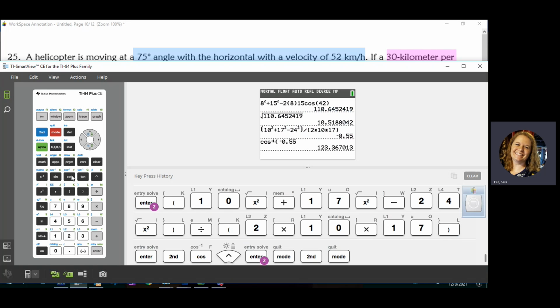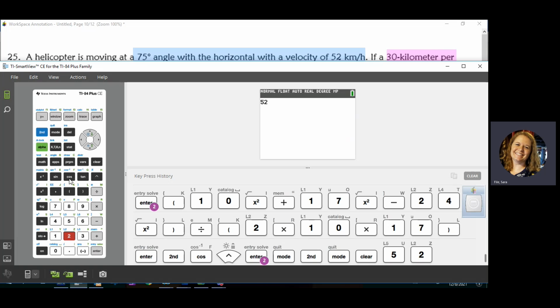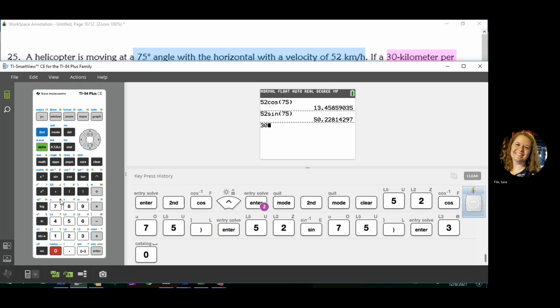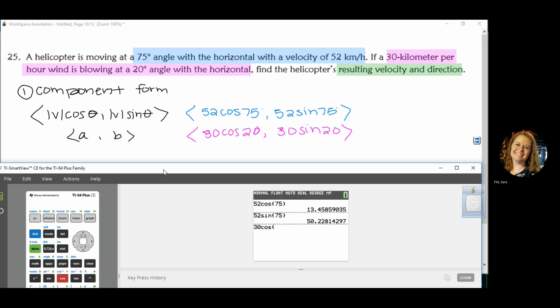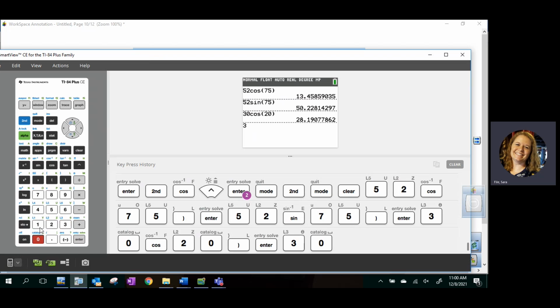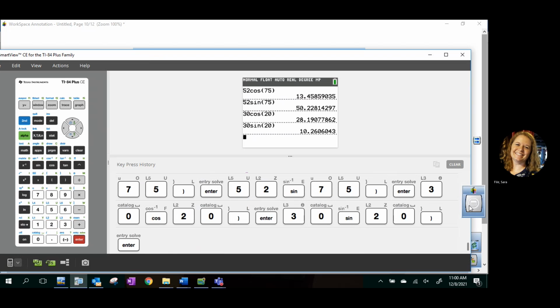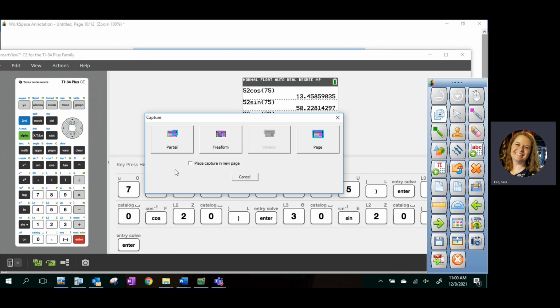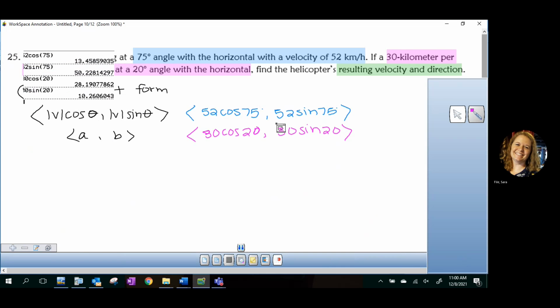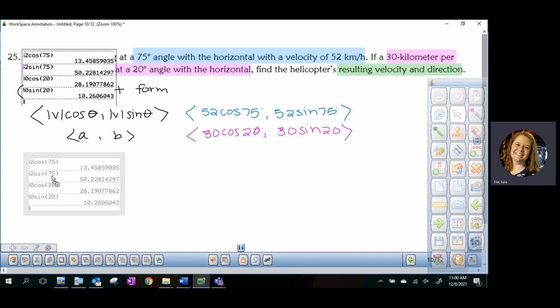So 52 cosine of 75, 52 sine of 75, and then 30 cosine of 20, and 30 sine of 20. Okay, so I've got the horizontal and vertical components of both of those vectors now.